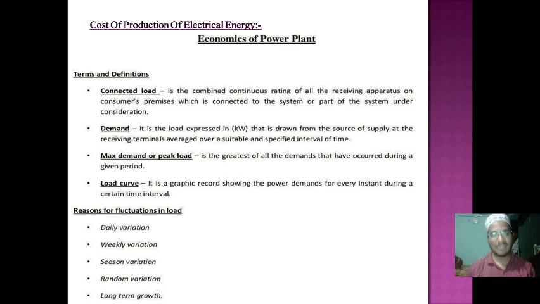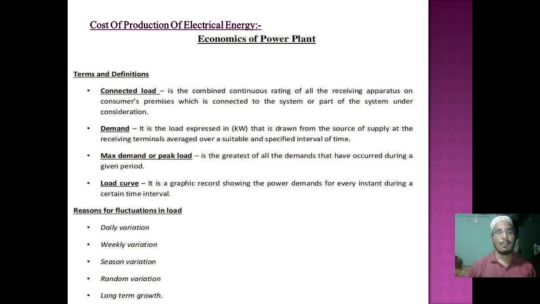Generally, demand is as per the customer's requirement. In terms of power plant engineering, demand is how much capacity of power is required by the customer, in kilowatts.